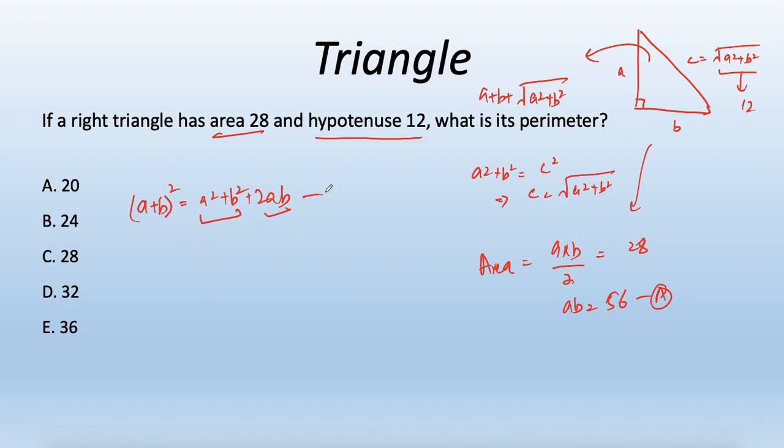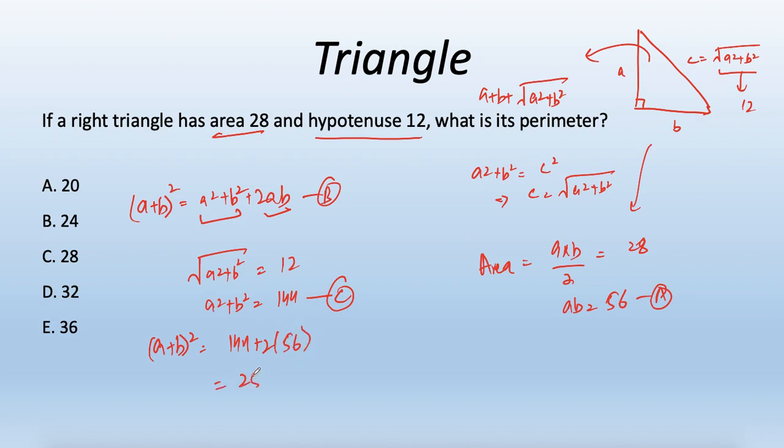So we know the hypotenuse, the square root of A square plus B square, is equal to 12, and if I square both sides, A square plus B square is equal to 144, and we just need these two and substitute this in equation B. So that means A plus B square will be equal to 144 plus twice of 56, and this is equal to 256.